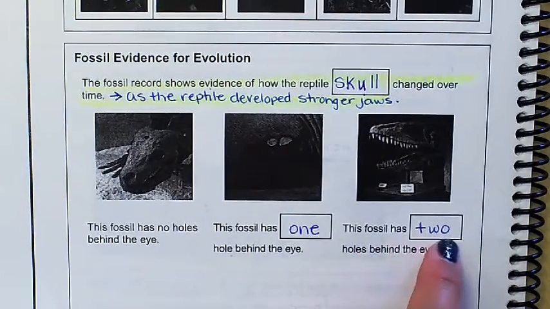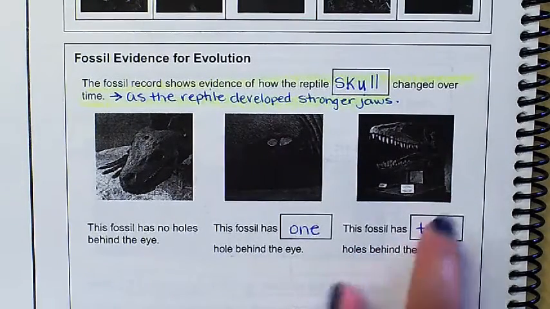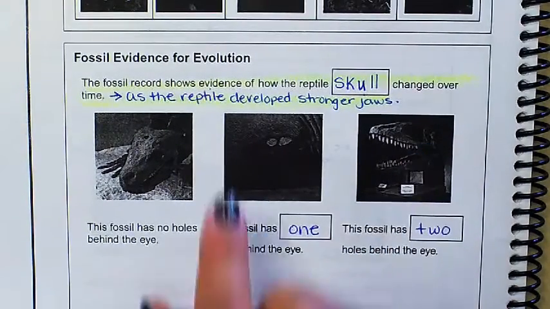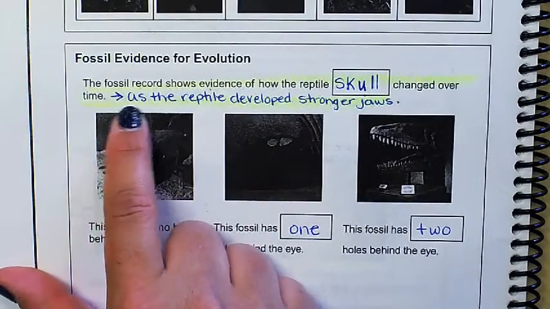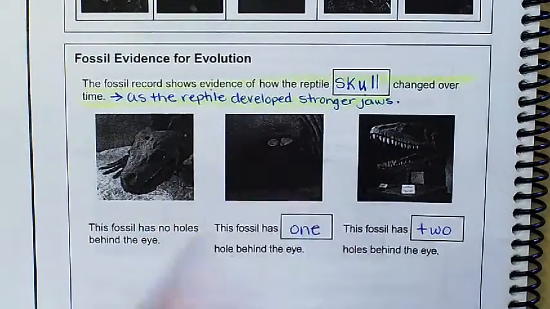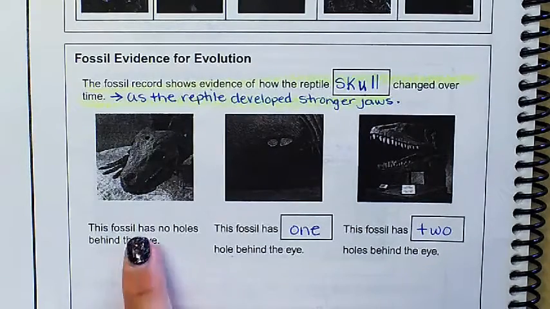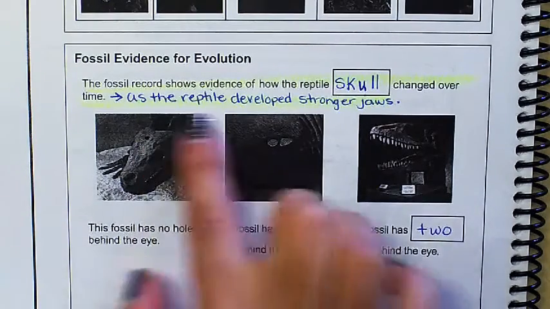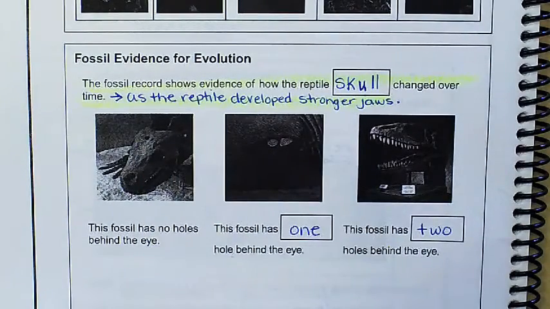And then this fossil has two holes behind the eye. So this shows that the skull changes through time as the reptile develops stronger jaws. This talks about the eye hole, but another thing we can see in the fossil evidence is stronger jaws as reptiles developed.